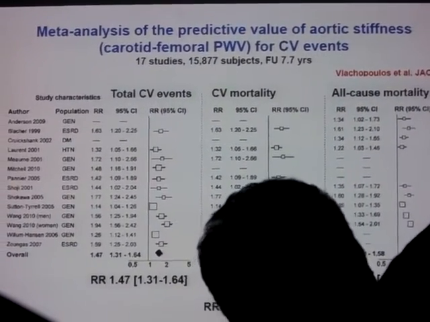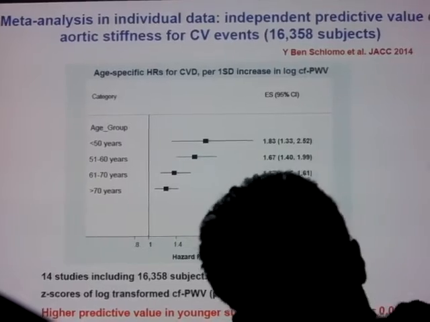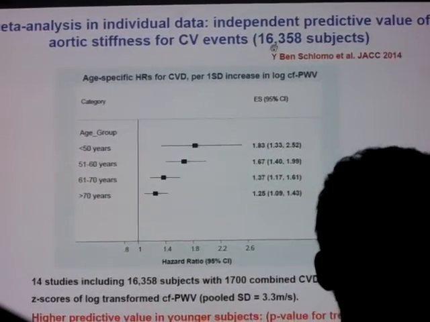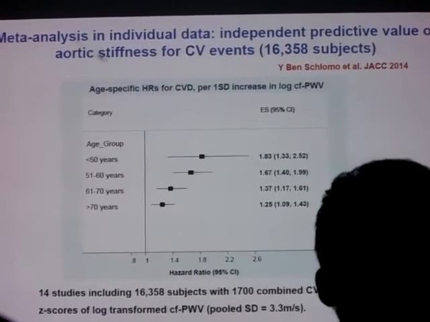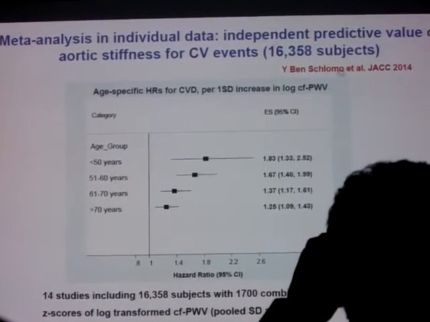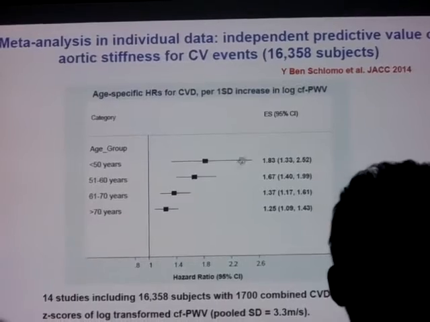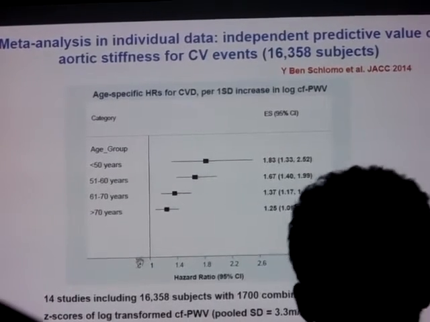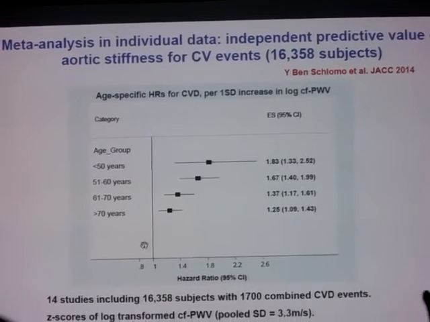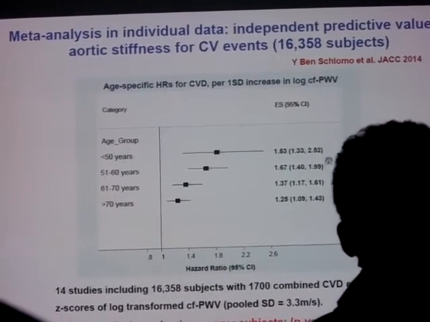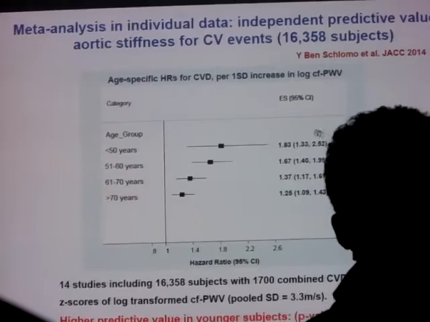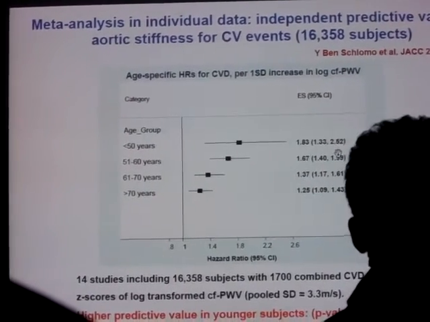And furthermore, we published this year in JACC with Jörn Lenschow in Cardiff, a meta-analysis in individual data on 16,000 subjects. And you see here the major finding, which is interaction with age. The younger the patients, the larger the predictive value of carotid femoral pulse wave velocity.